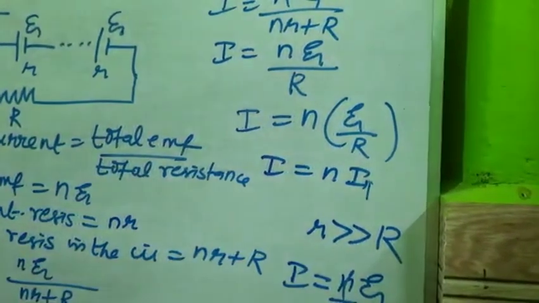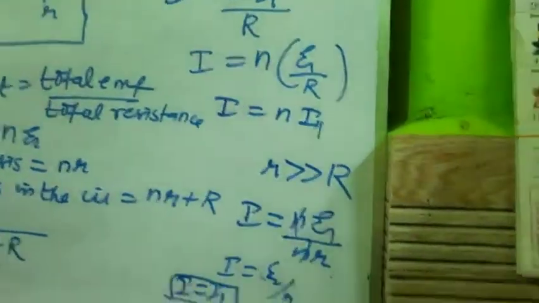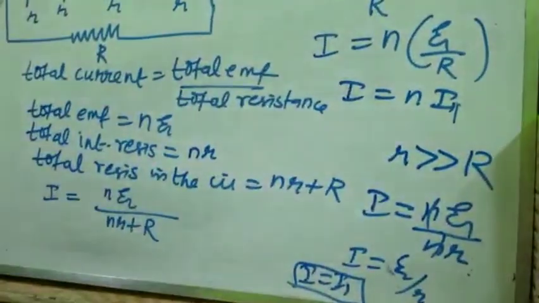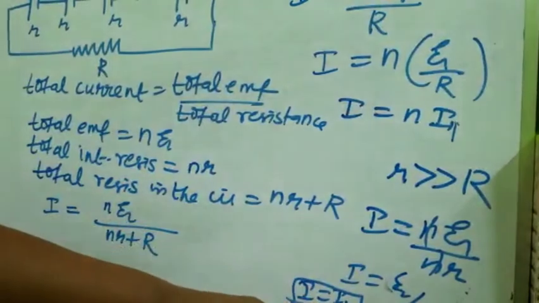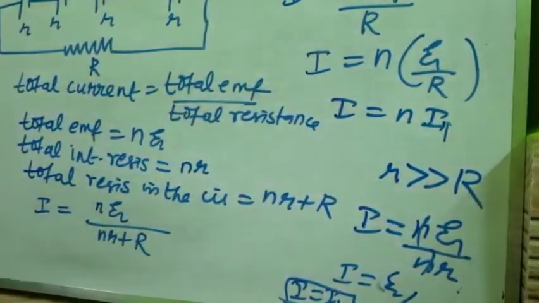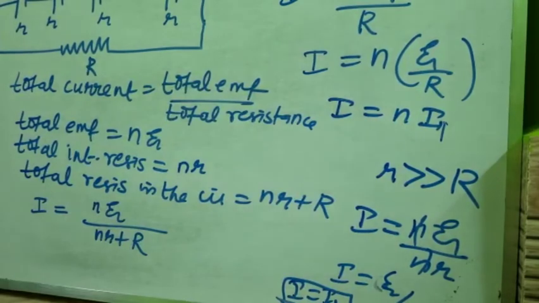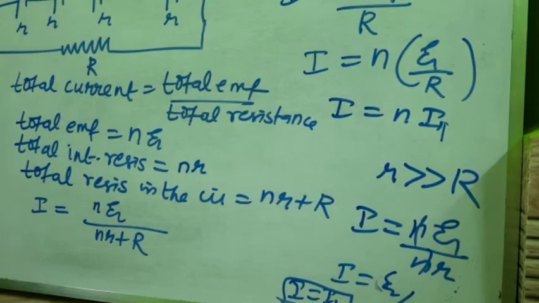In that case, the current delivered will be equivalent to the current delivered by a single cell. So don't connect them in series. If you have a set of old batteries, you will have to go for parallel connection. So the other topic is, if a number of cells are connected in parallel, let's see what is the total current delivered by all the cells.